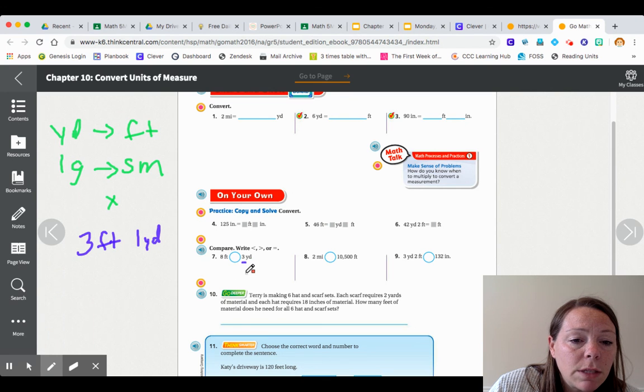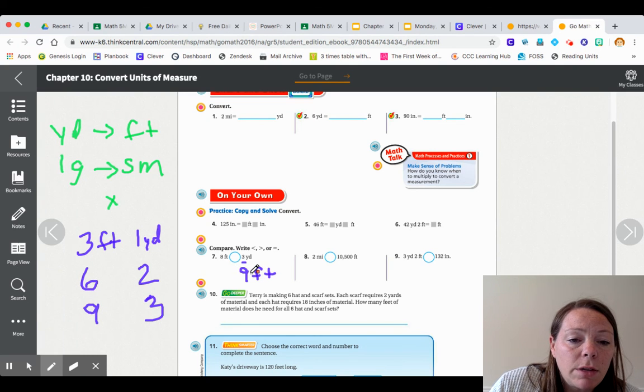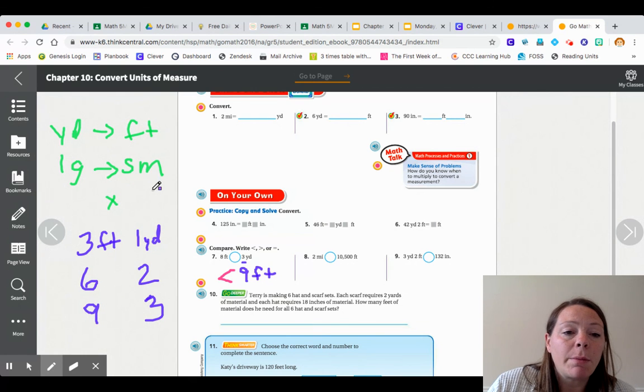So 3 times 3 is 9. So I know that there are 9 feet in 3 yards because there's 3 feet in 1 yard, 6 feet in 2 yards, and 9 feet in 3 yards. So I know that 9 feet is greater than 8 feet. I'm comparing feet to feet. Okay? So biggest things to remember, am I multiplying or dividing? Am I going from smaller to larger or larger to smaller? I need to compare the same units if I'm comparing, and I can use that chart.